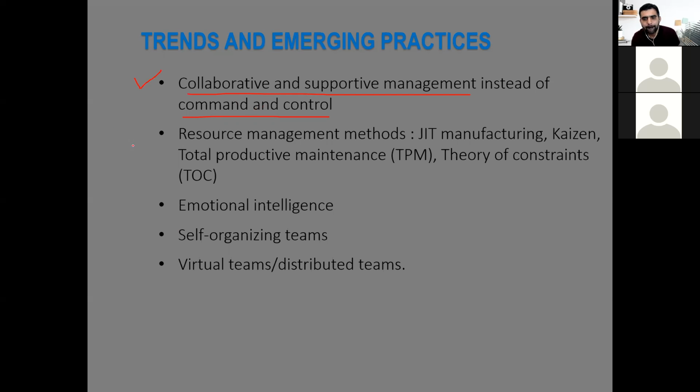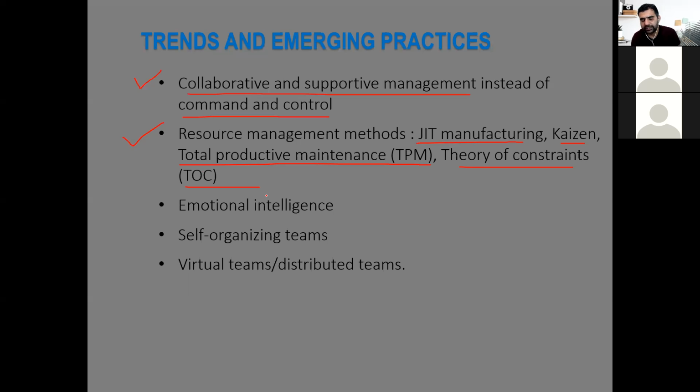Next, resource management methods: JIT manufacturing, Kaizen, total productive maintenance or TPM, theory of constraints or TOC, and so on and so forth. We already know about JIT manufacturing and Kaizen, and then there is another technique called total productive maintenance, that is TPM, and the theory of constraints.